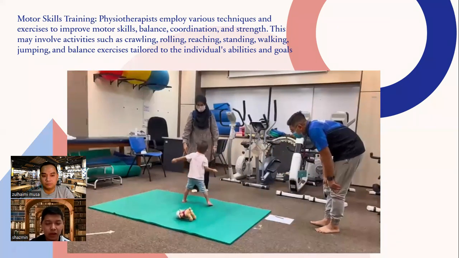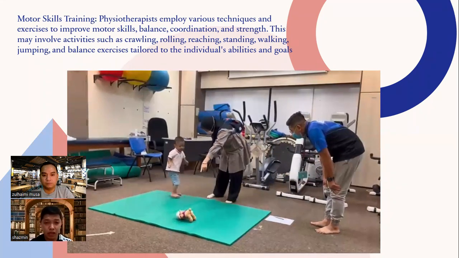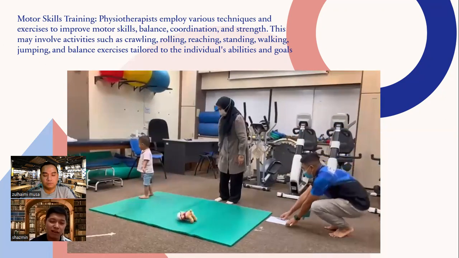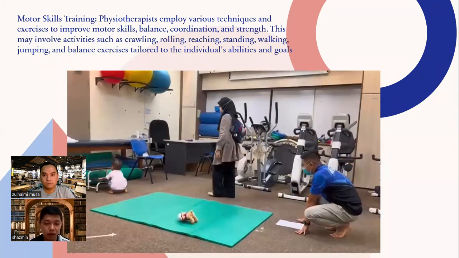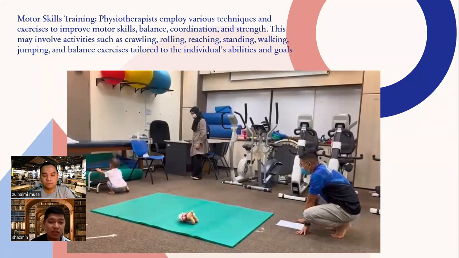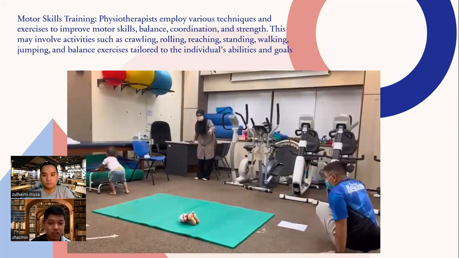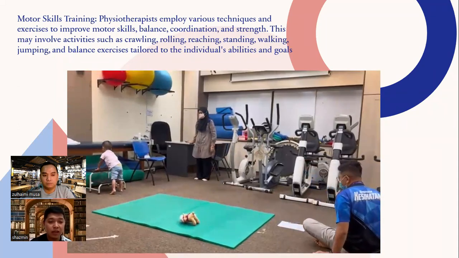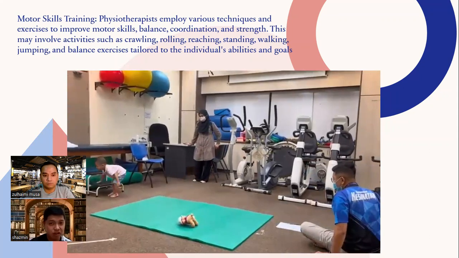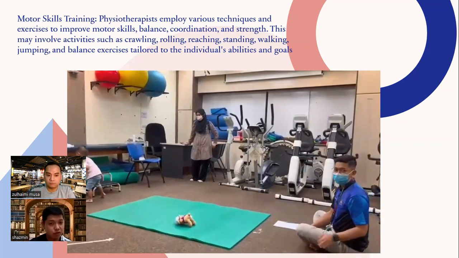According to her mother, he quite often falls when trying to run. This means we have noticed that this patient has a balance problem, coordination problem, and weakness in strength in the lower leg.